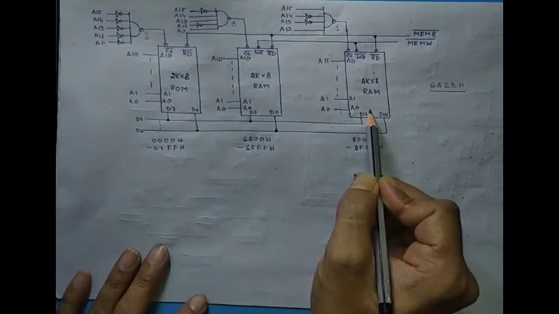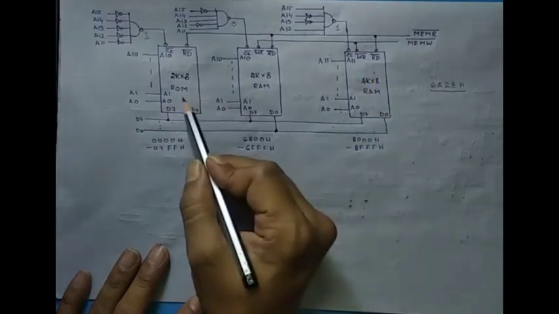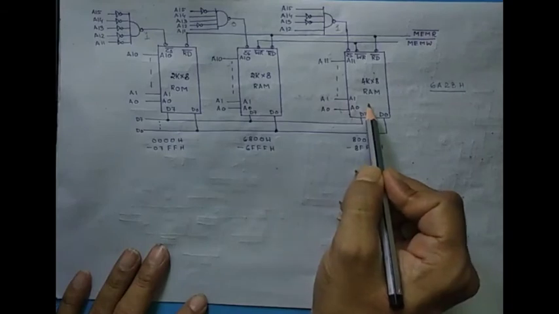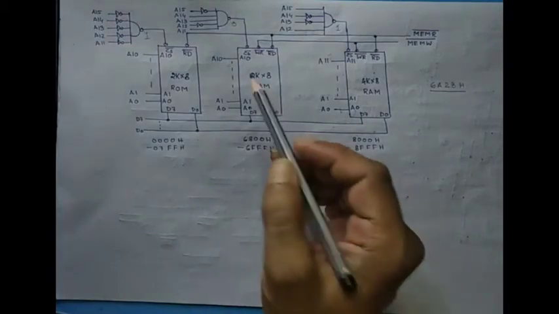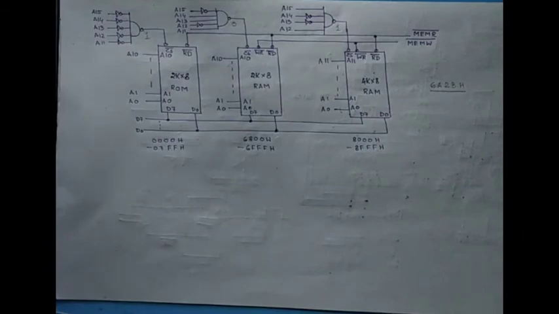But memory locations of this ROM and RAM device will not respond because these devices are not getting their chip select signal, so they remain disabled. Only the location of this RAM device will respond.